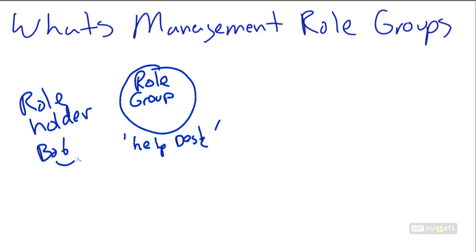Bob, that you want to make part of that group. So notice my little blue arrow there for Bob to be part of that group. So you're going to put users, or other security groups from Active Directory, as members of these role groups.